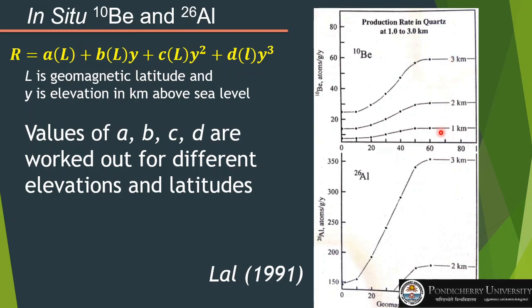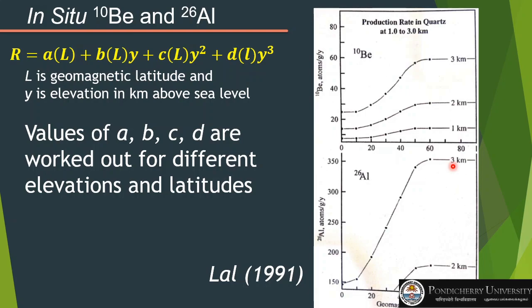From 1 kilometer to 3 kilometer at high latitude, the production can increase from 15 or 18 atoms per gram per year to almost 60 atoms per gram per year. This is based on a polynomial expression of the rate of production. A similar thing you can see for 26 aluminum, where the production also increases very rapidly as you go to high geomagnetic latitude and high elevation.